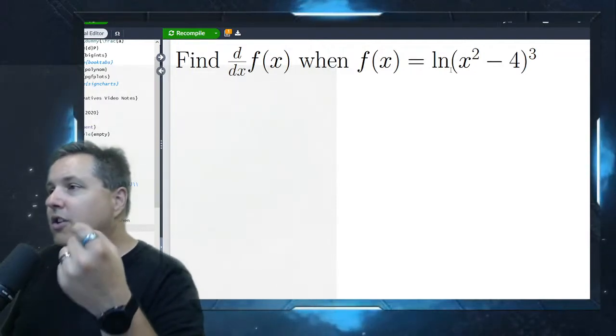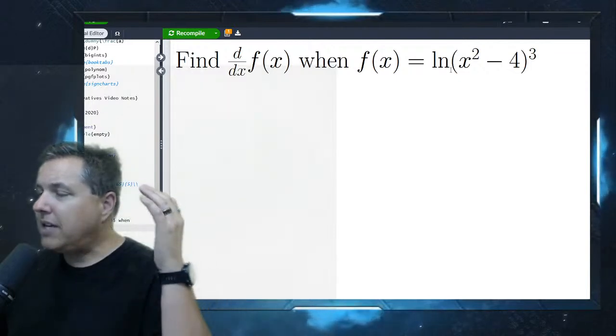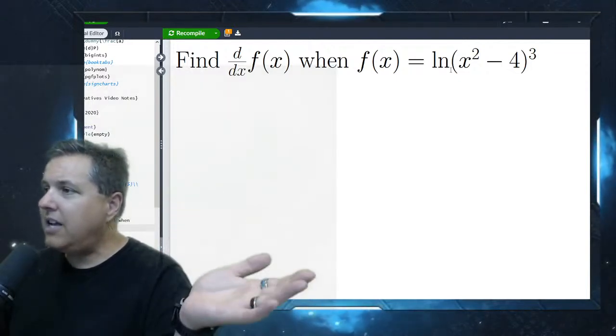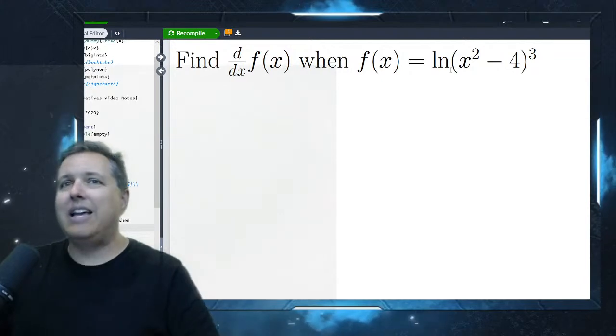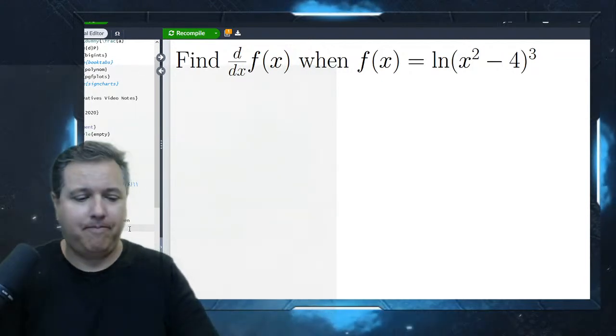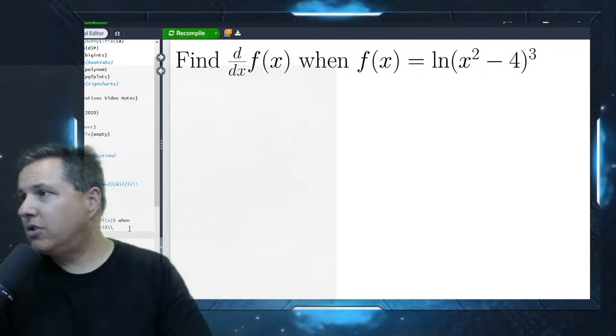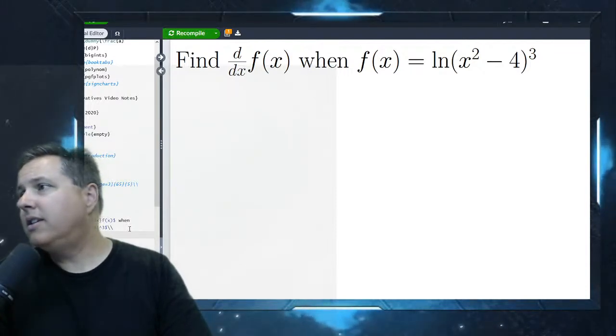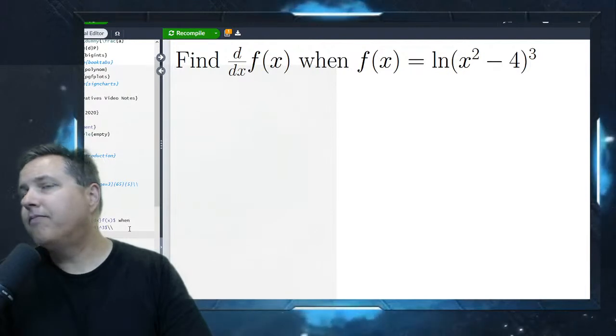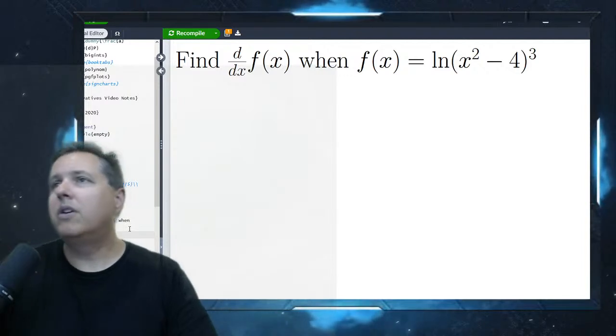So the chain rule tells us we're supposed to start by taking the derivative of the outside and work our way inside. So when we go to do that, the outermost function is the natural log.